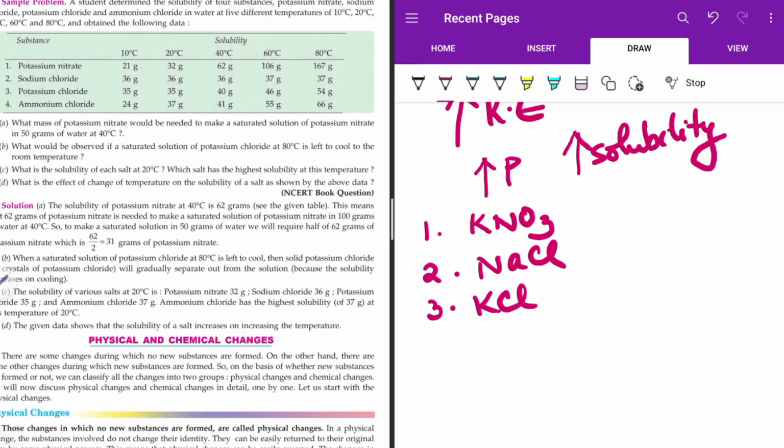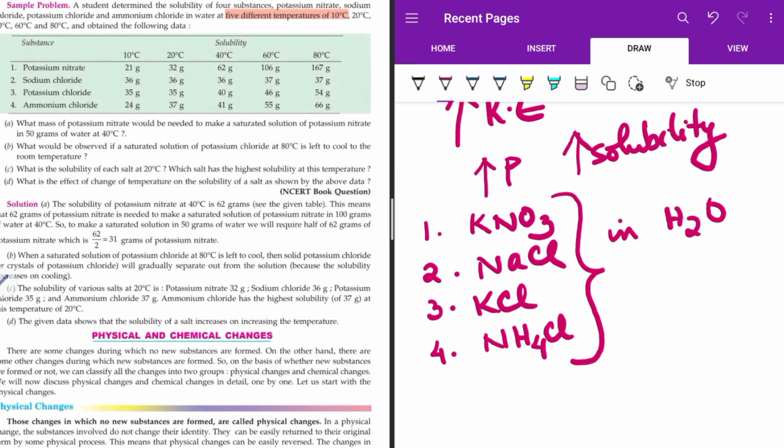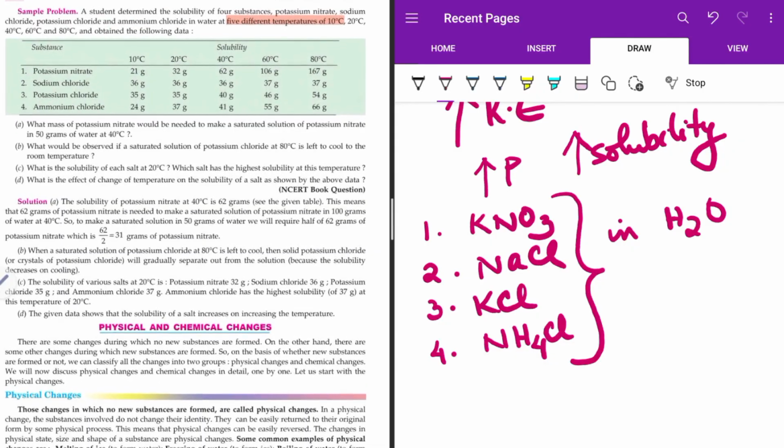And ammonium chloride, number 4, so ammonium chloride is NH4Cl. These are the 4 things that are taken in water at 5 different temperatures. One is 10, next is 20, and then we can see it is 40, 60, 80. So these are the temperatures.